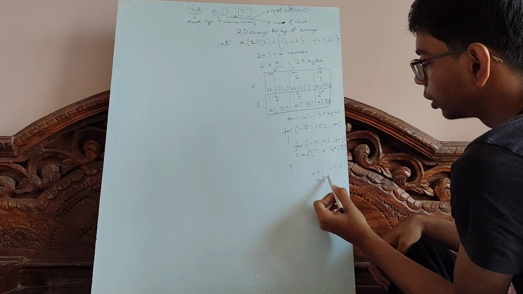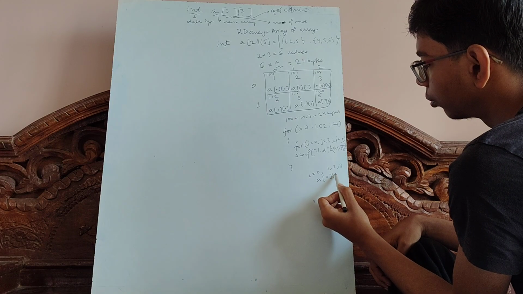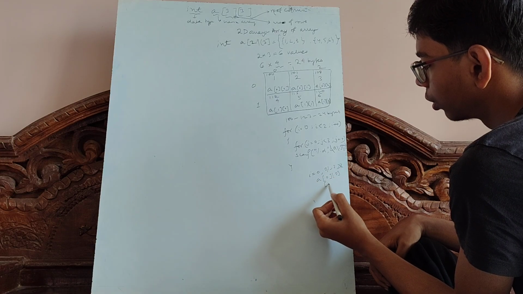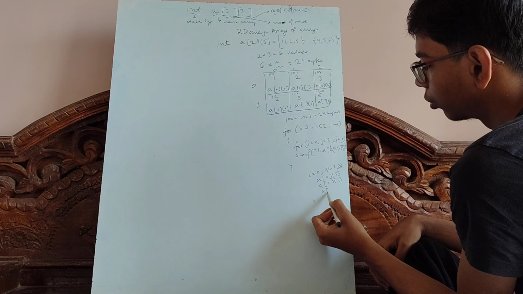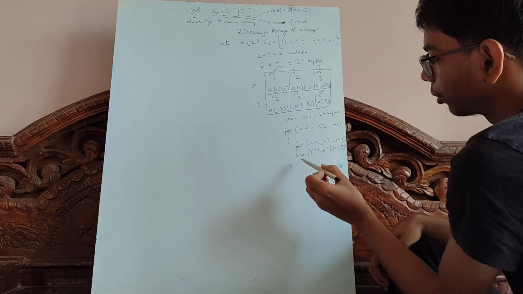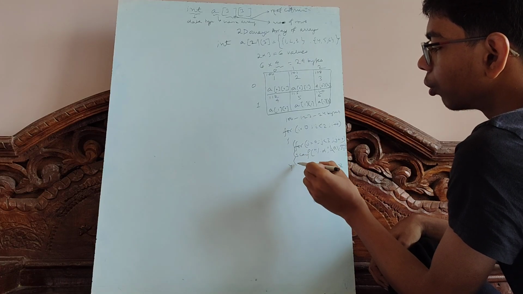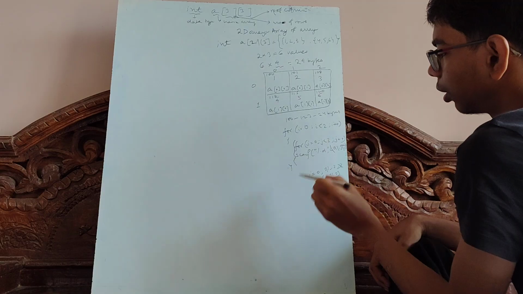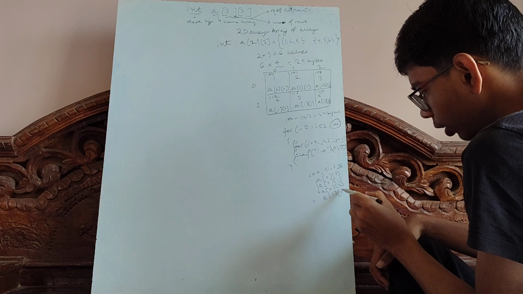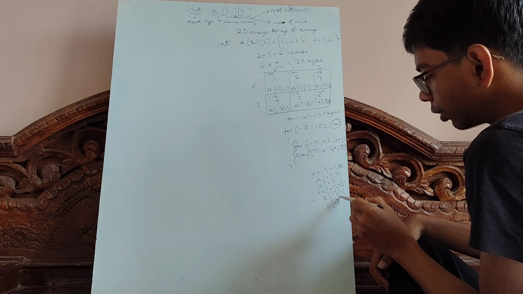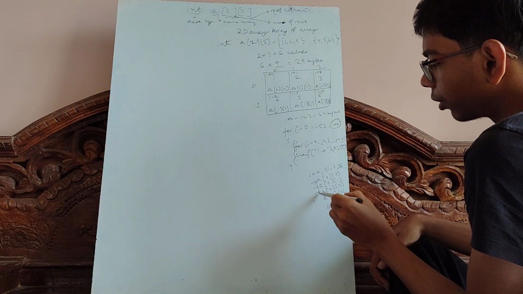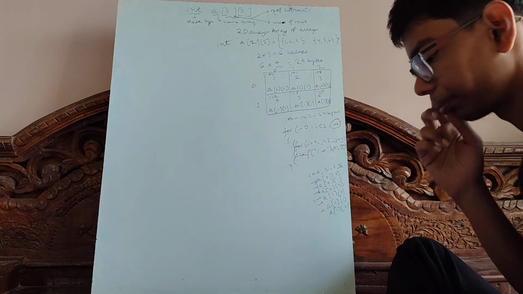Simply what happened, a of 0, 0 and then a of 0, 1 and then a of 0, 2 and then a of 1, because after this loop, after control goes outside of this loop, the value will get updated, and then for i equal to 1, here a of 1, 0, and then a of 1, 1, and then a of 1, 2. This will be one by one. I will take my elements of the array, right.